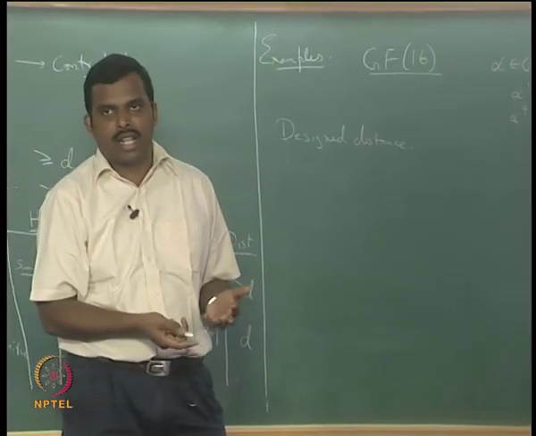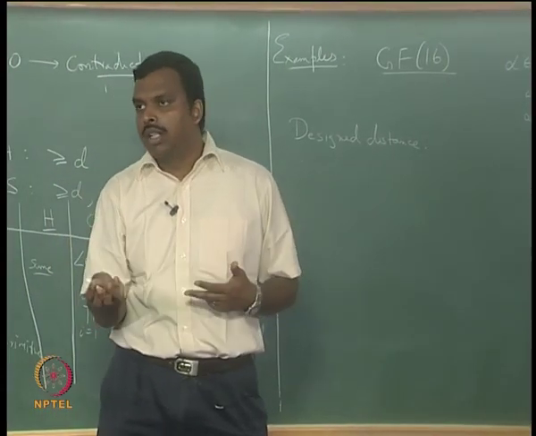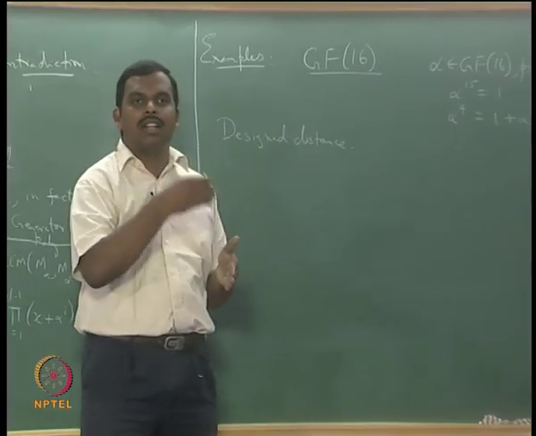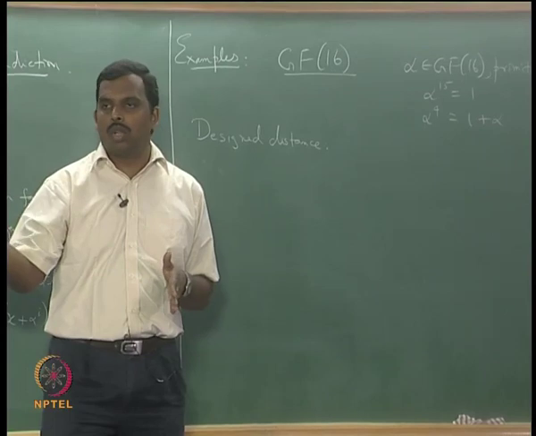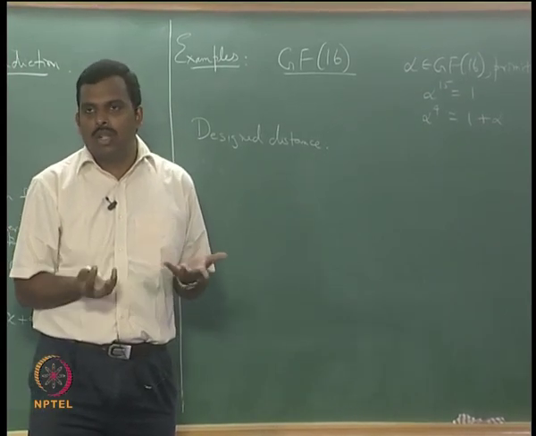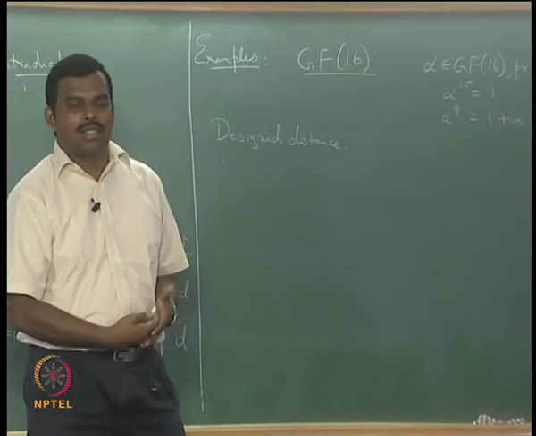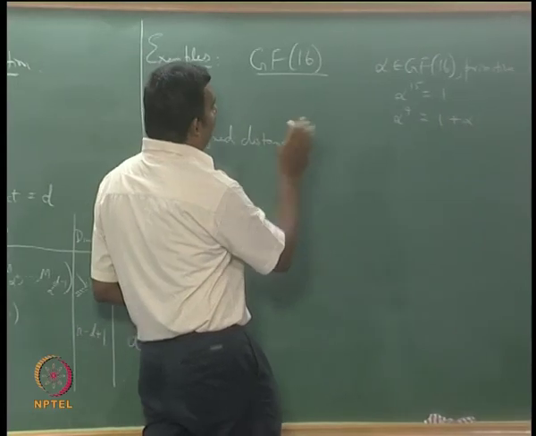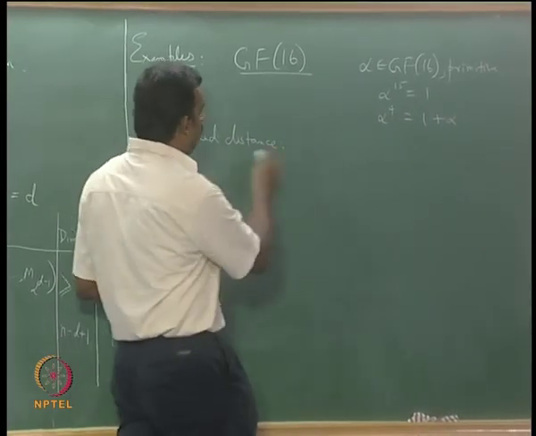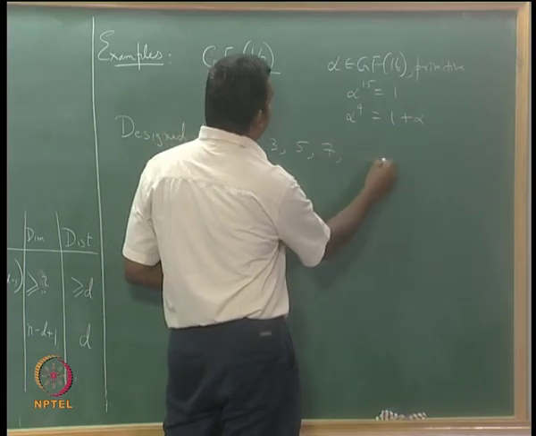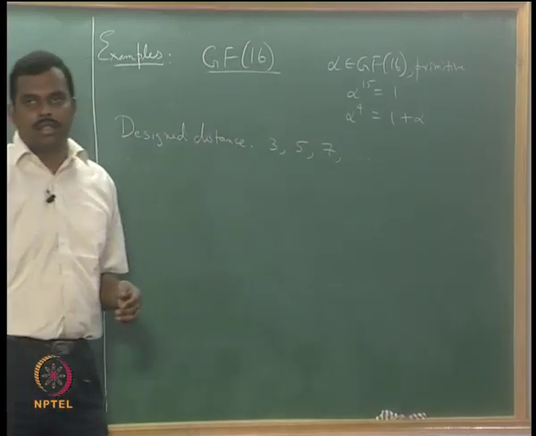If you want a designed error correcting capability of 2, what will be your design distance? 5. So basically you only have to look at design distances which are 3, 5, 7, and so on. You don't have to look at 4. 4 doesn't give you anything new. Maybe it gives you something interesting, but nothing useful for error correction. So usually the design distances are 3, 5, 7, and so on.